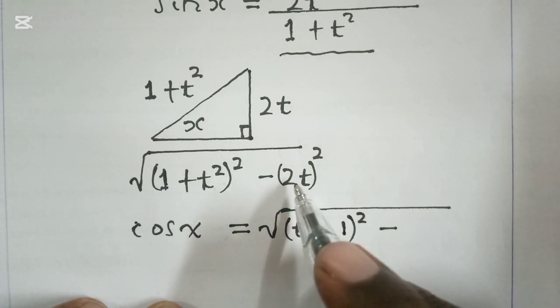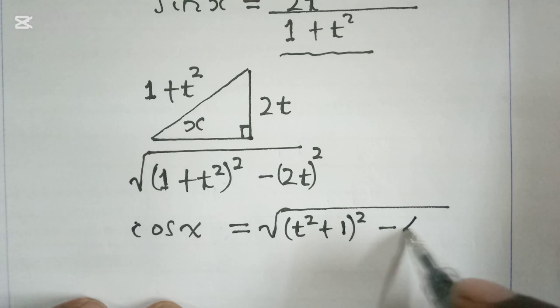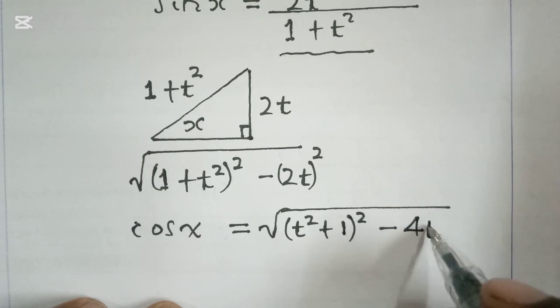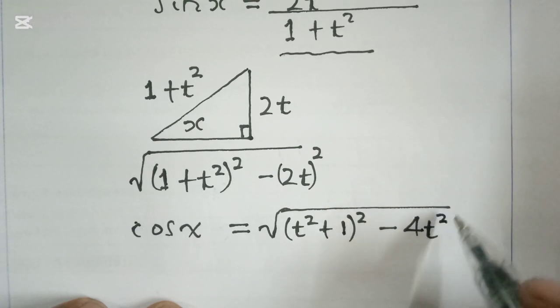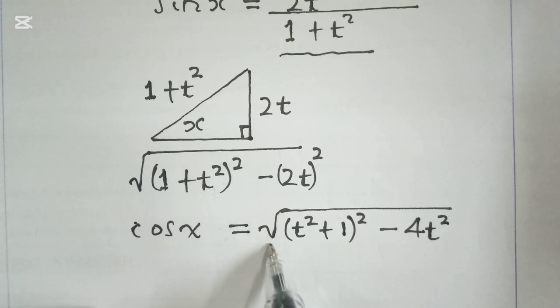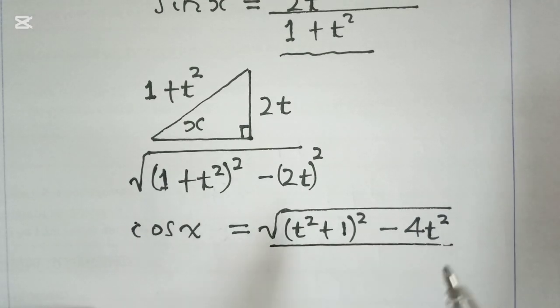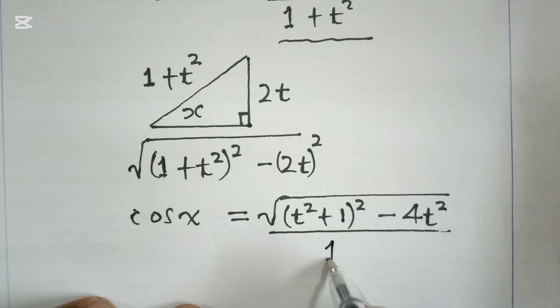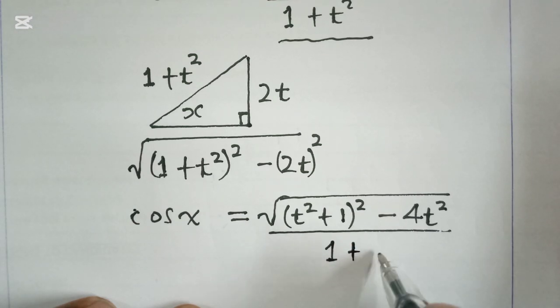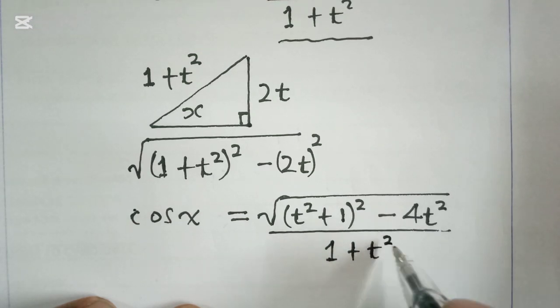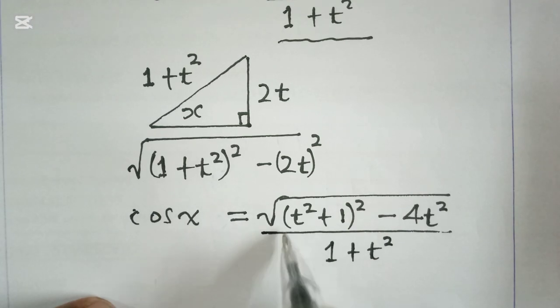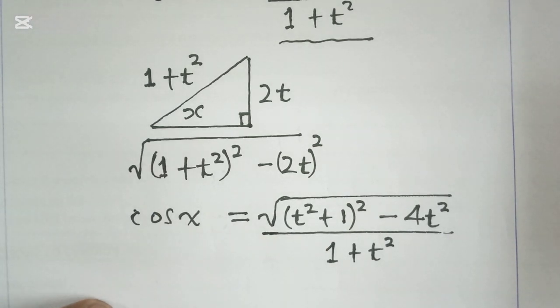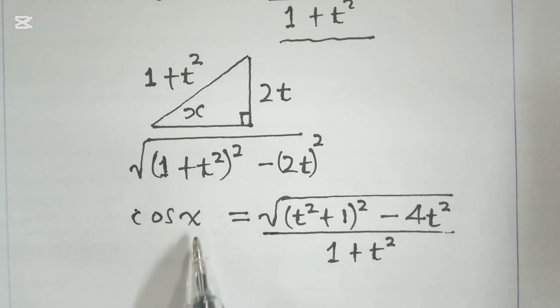I can work out that, which is 4t squared, all over the hypotenuse. And the hypotenuse is 1 plus t squared, like that. So that's what we get for our cos x.